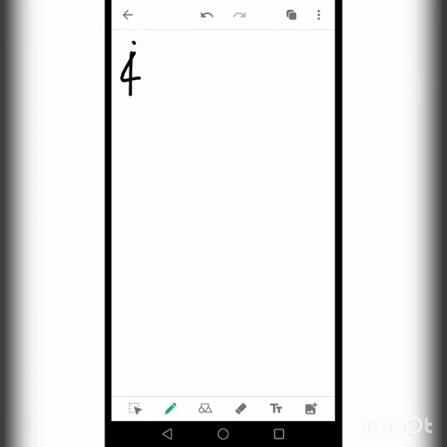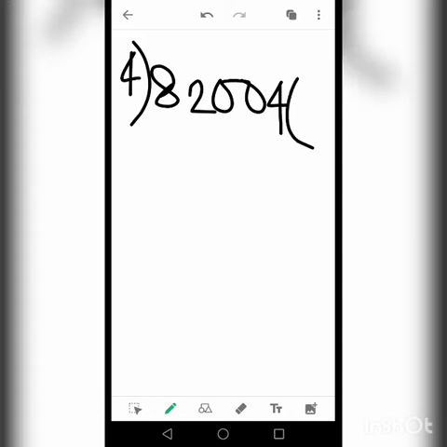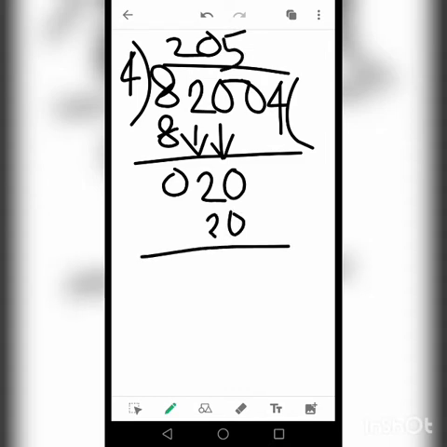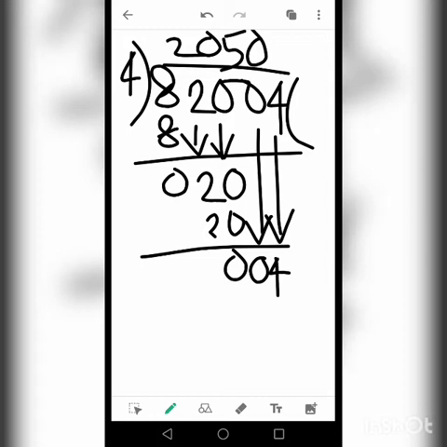From here, we will put these things. 4 2s are 8, take down 2, it is not divisible, put a 0 over here, take down a 0, 5, 20, and take down one more 0, it is 0 again, take down 4, 1, 4. So as you can see, it is 20501 milliliter.